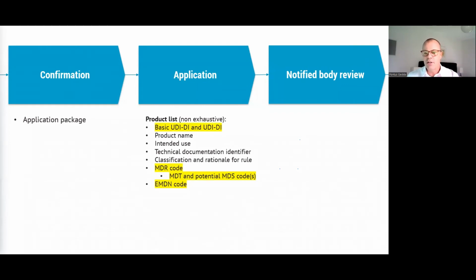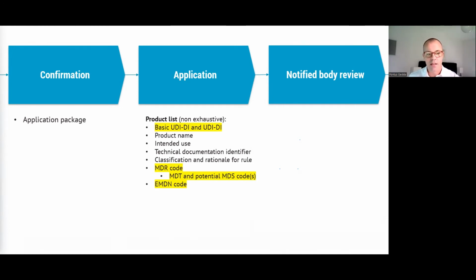And here you see an example of what will typically be asked for by the notified body for each medical device that is included in the application. And all this information is needed for the notified body to assess the application and to ensure it is designated for all the applied products, and to ensure that the manufacturer has all data available and correct, of course.